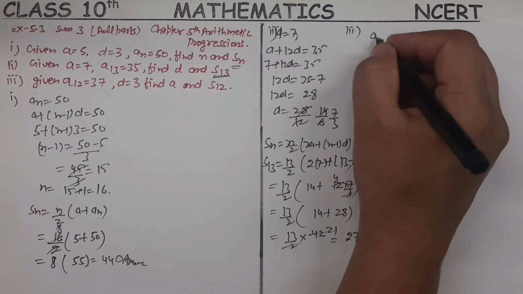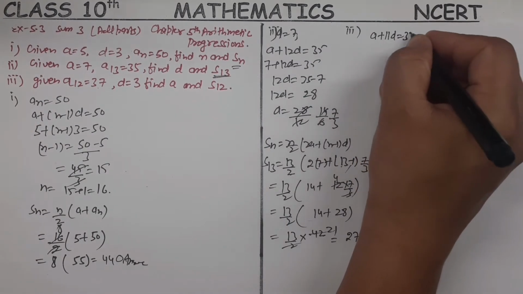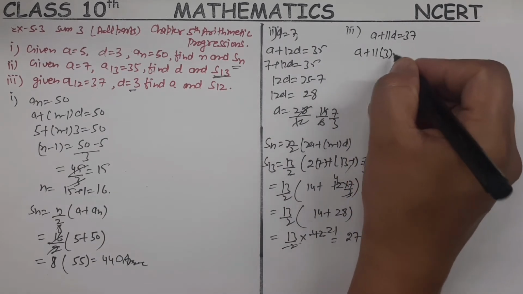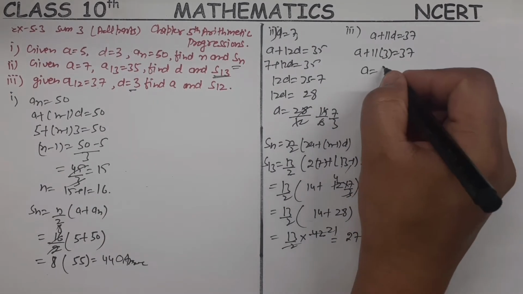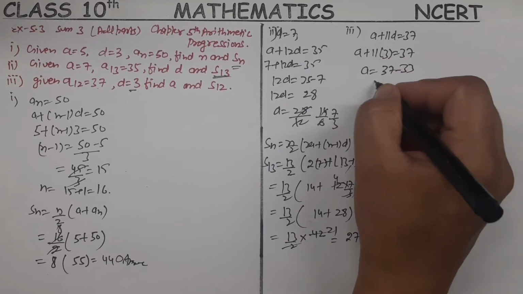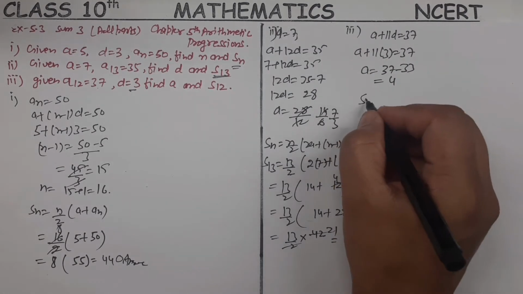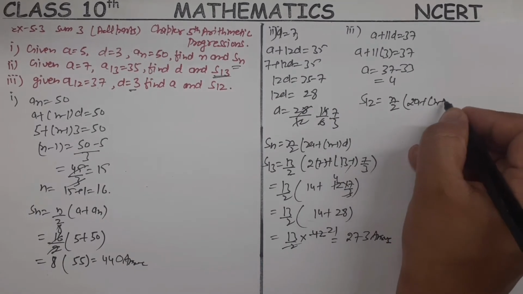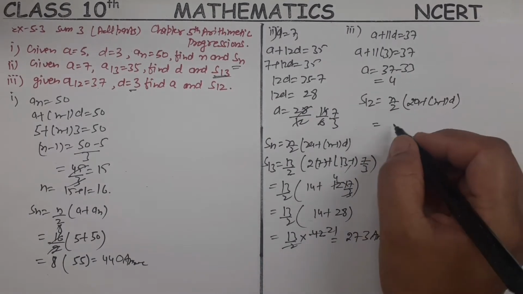Now the next is part third. a12, we can write it as a plus 11d. Here d is 3, put. Then a is 37 minus 33, 4. S12, n by 2, 2a plus (n minus 1)d.